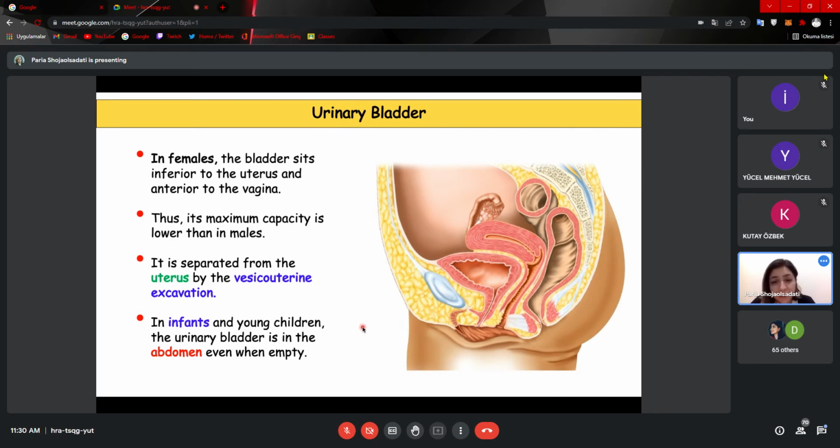In infants and young children, the urinary bladder is an abdominal organ, even when it's empty. But with the increase in the internal capacity of the pelvis, this organ goes down and sits inside the minor pelvis or lesser pelvis.